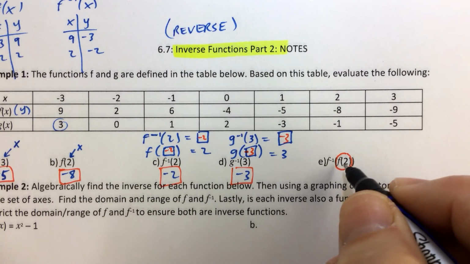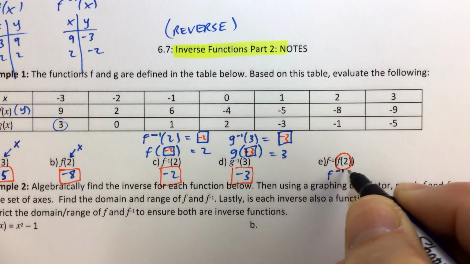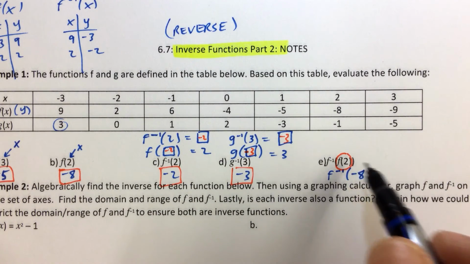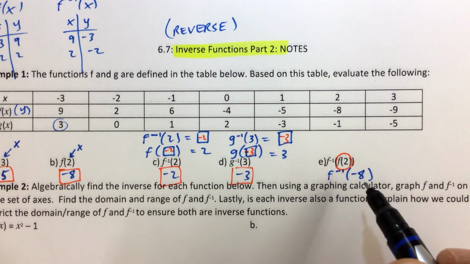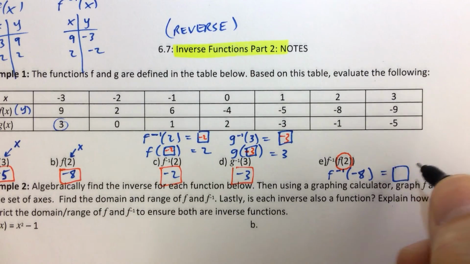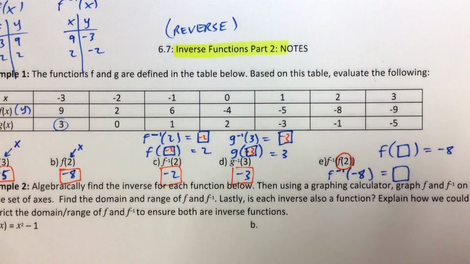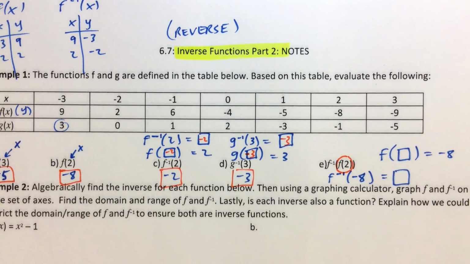So what we're going to do is substitute negative 8 for f of 2, and then we're going to find f inverse of negative 8. Well, f inverse of negative 8 is something where f of that something is negative 8. We already found that something is 2.